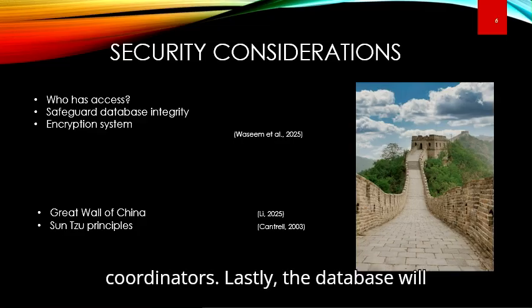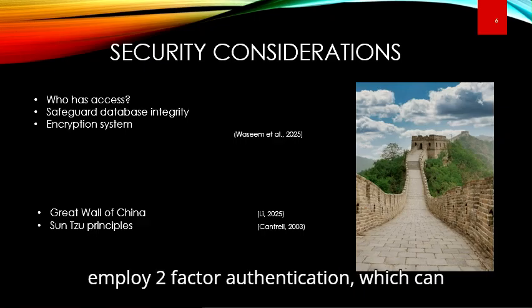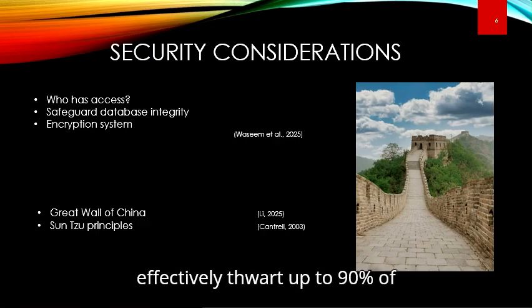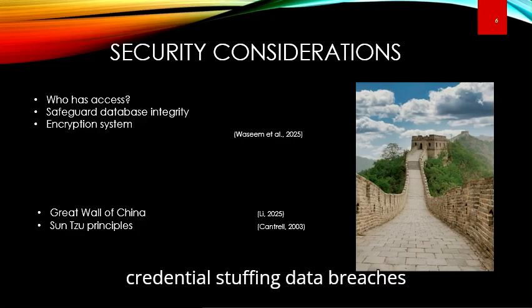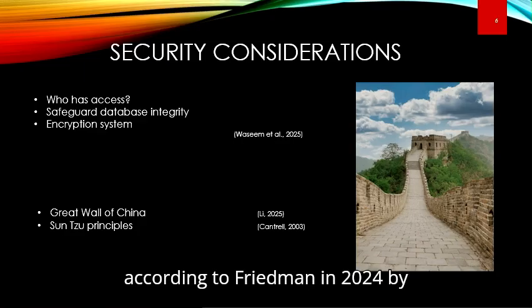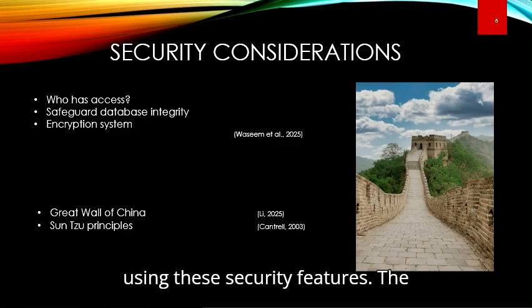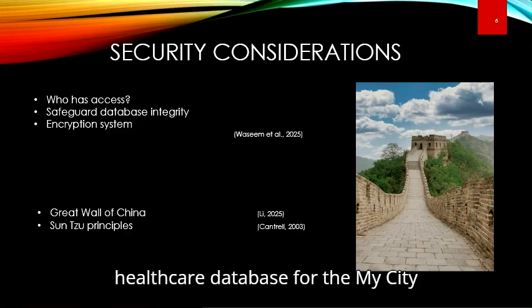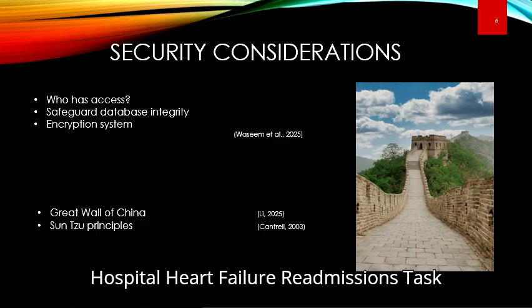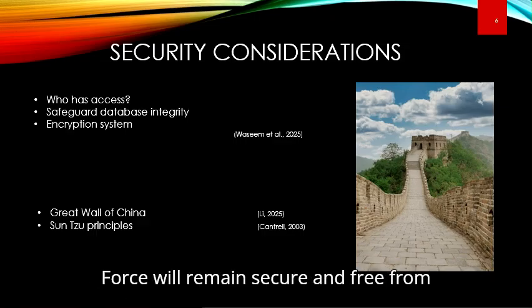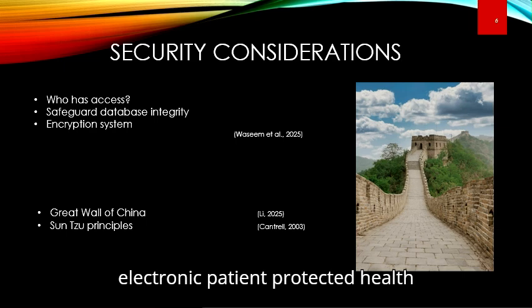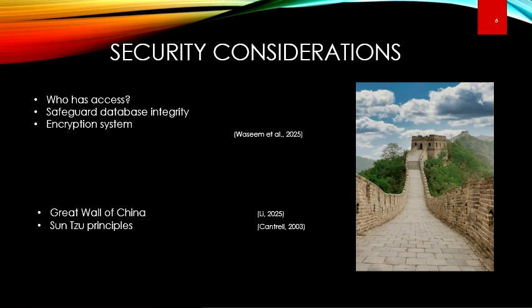Lastly, the database will employ two-factor authentication, which can effectively thwart up to 90% of credential stuffing data breaches, according to Friedman in 2024. By using these security features, the healthcare database for the My City Hospital Heart Failure Readmissions Task Force will remain secure and free from electronic patient-protected health information breaches.